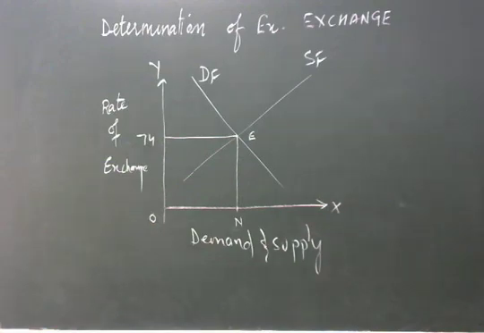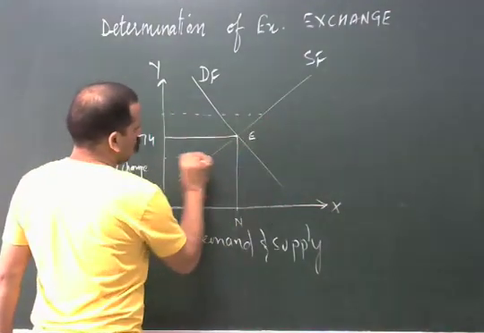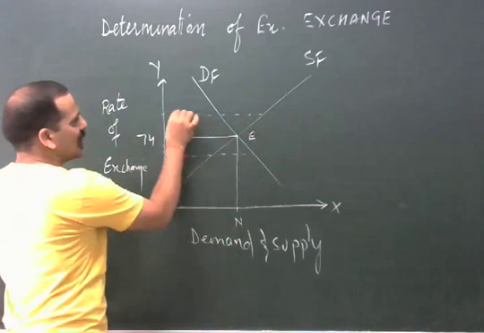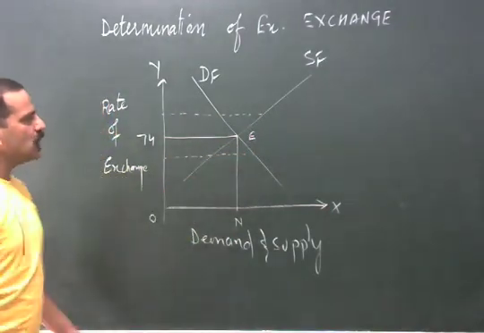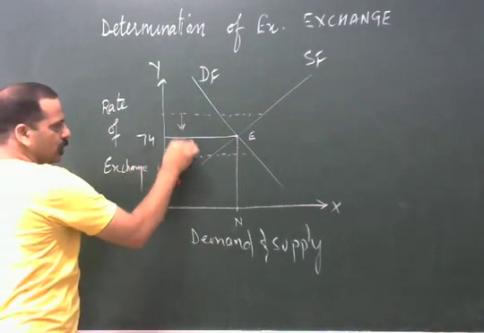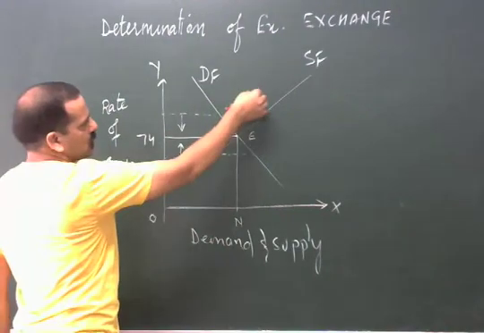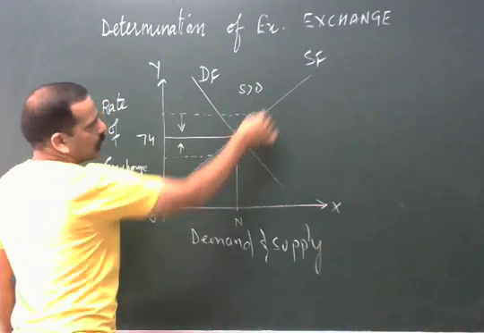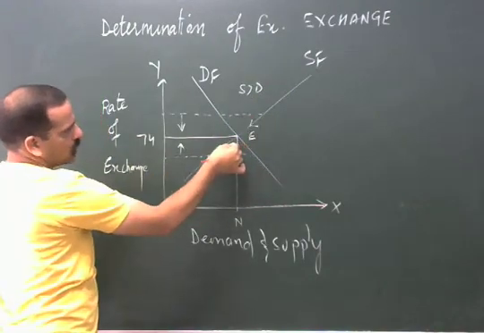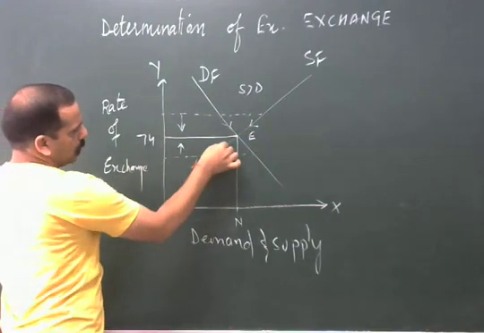If it is more or less, automatically these forces will adjust themselves. In this case, if the supply is more than the demand, there is a contraction of the supply and an increase in the demand.